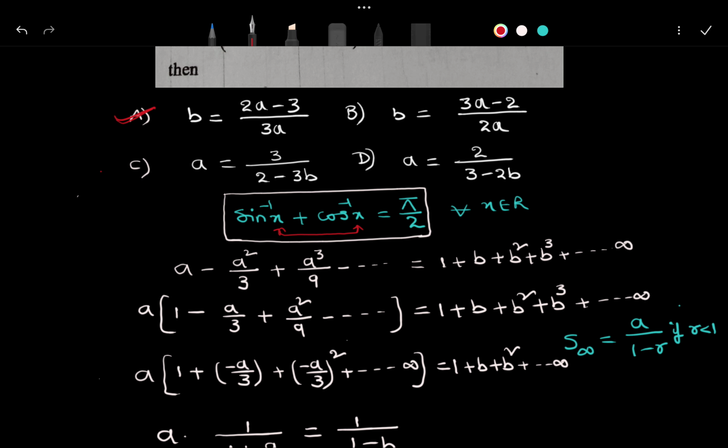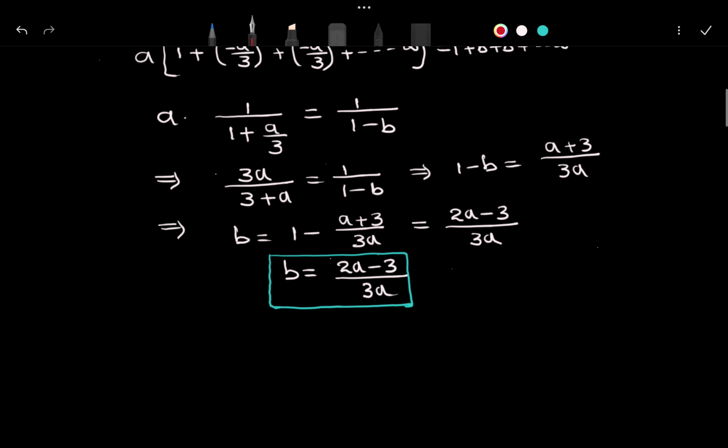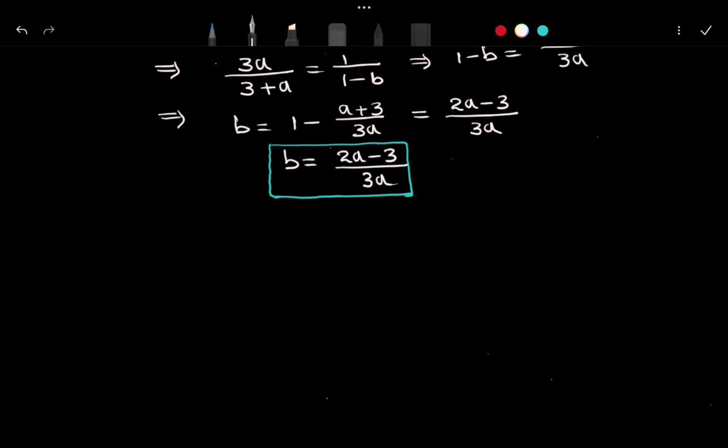Now the same, and some more options give the a value in terms of b. So C and D are there. Now you verify the a value. Look at this. Here you cross multiply. If you cross multiply, this will be 3a into b is equal to 2a minus 3. From this we can write 2a minus 3ab is equal to 3.